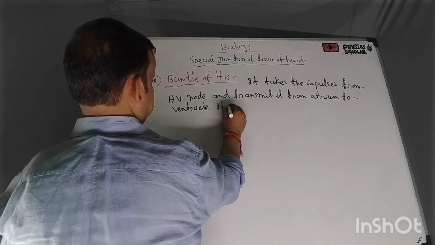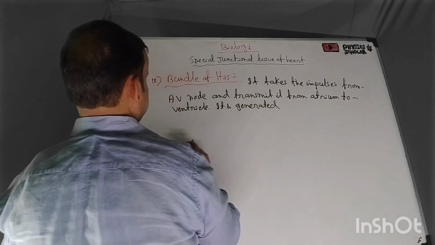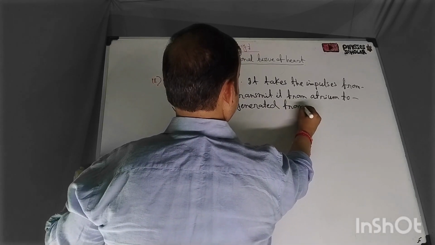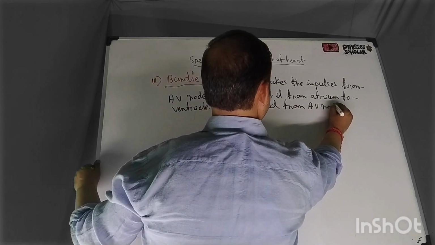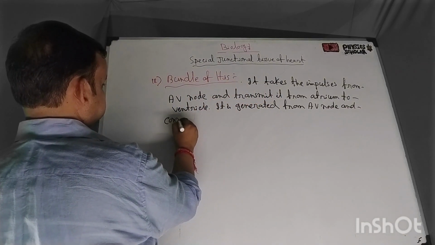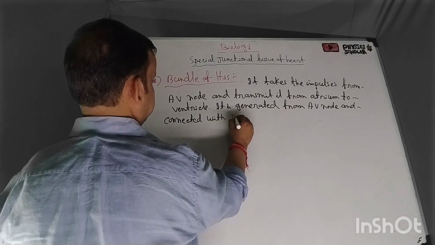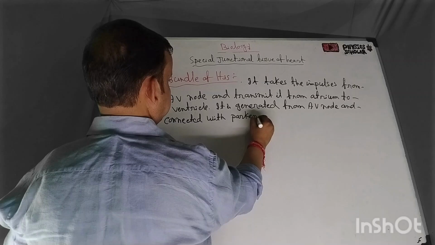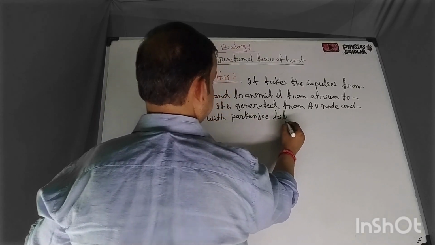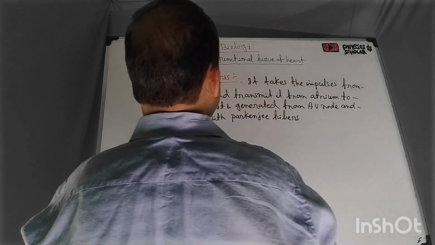It is generated from the AV node and connected with Purkinje fibers. Clear?